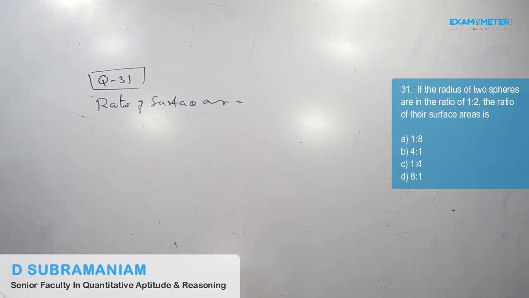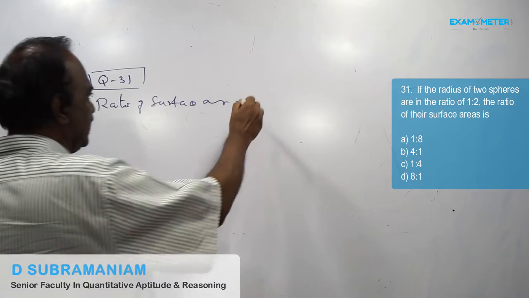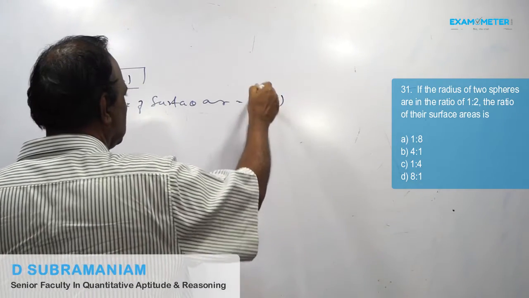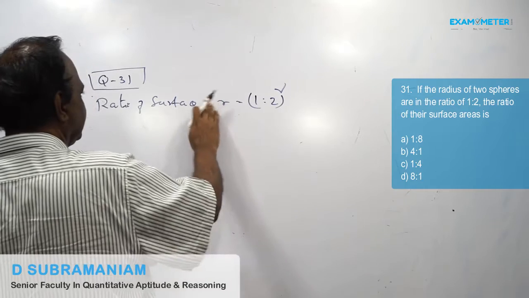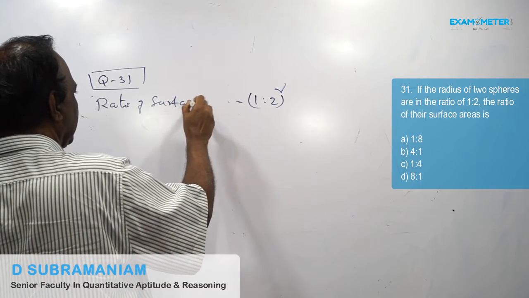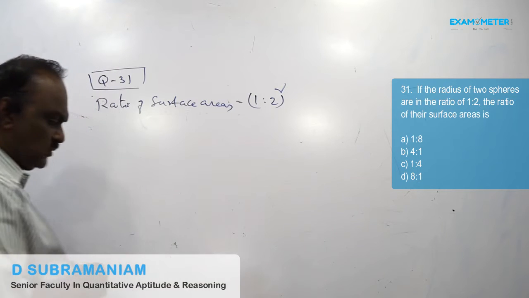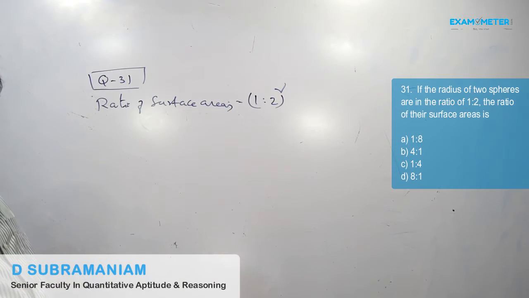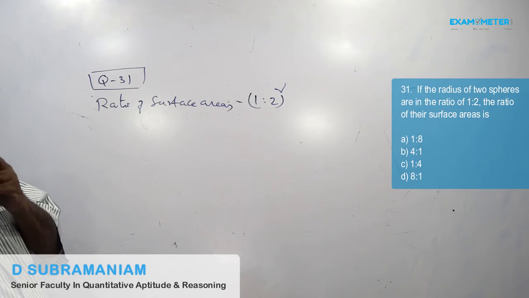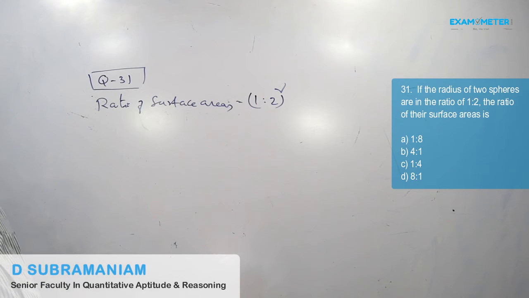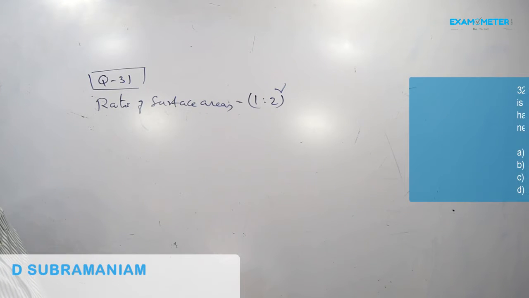Ratio of surface areas is equal to 1:2 whole square. That is 1:4. That is multiple choice C. Question number 32.